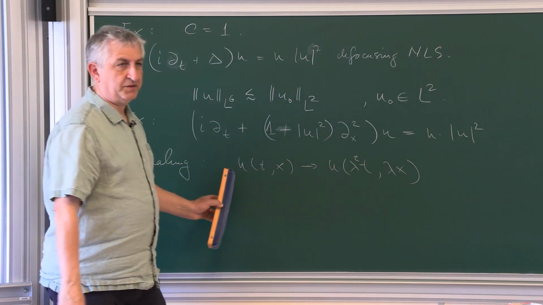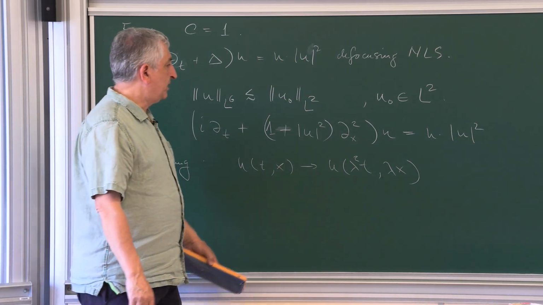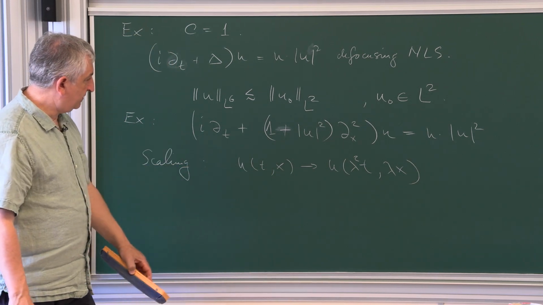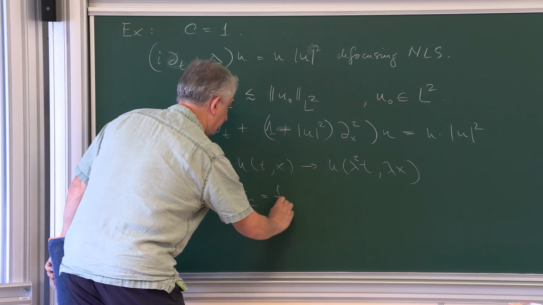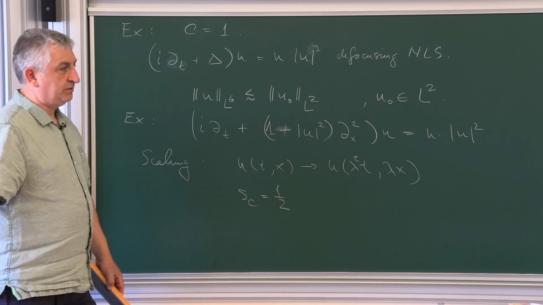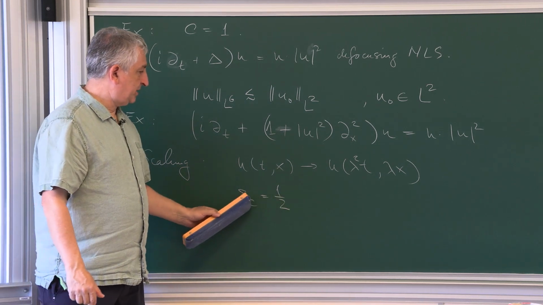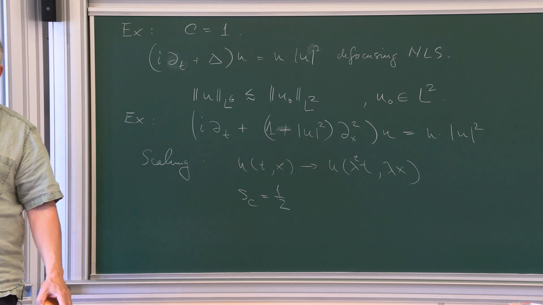This is the scaling of the problem. The critical Sobolev norm is h1/2, because that's what corresponds to L infinity. So S critical is 1/2. So your ideal target for local solvability, for global results possibly, is getting as close as possible to h1/2.